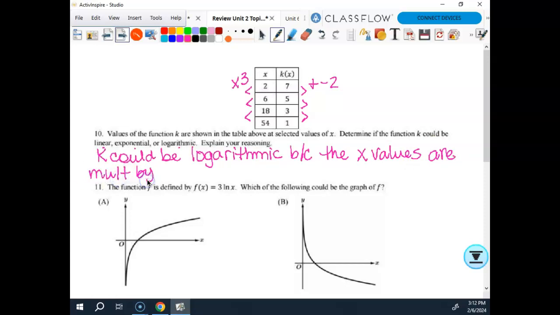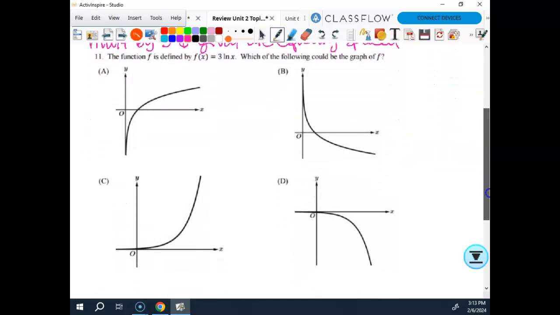Or we could say that they are proportional, multiplied by 3, and y values, or output values, are equally spaced, something to that effect. You don't have to be all fancy like the answer choices are sometimes, but you do need to know what the answer choices are, especially if they word them in weird ways like we talked about today. Okay? So let's look at 11.